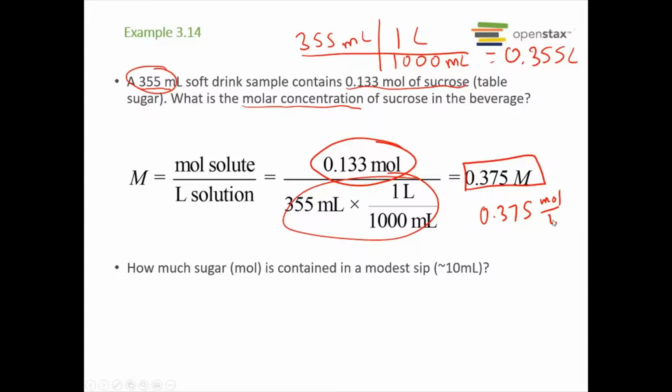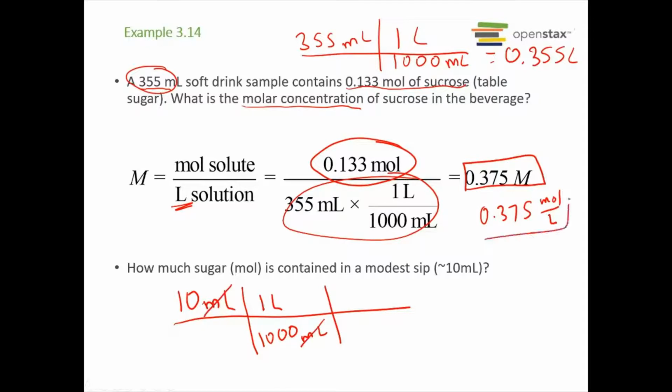And then here's a little follow-up question. How much sugar, in moles, is contained in a small sip, about 10 milliliters? So we have 10 milliliters. Let's first change this to liters, because our molarity is in terms of liters. Remember, there's 1 liter per 1,000 milliliters.